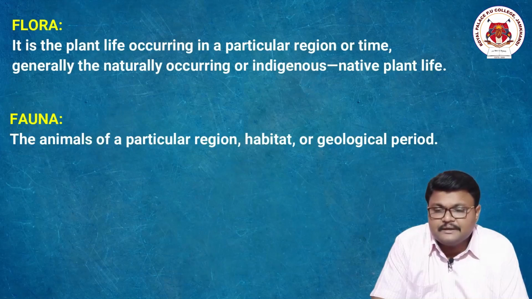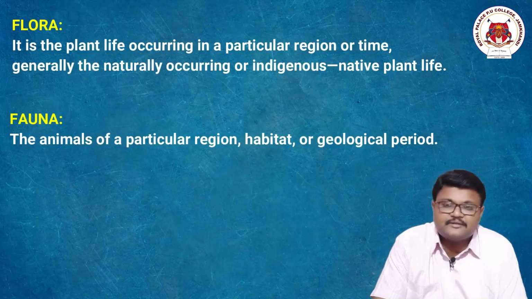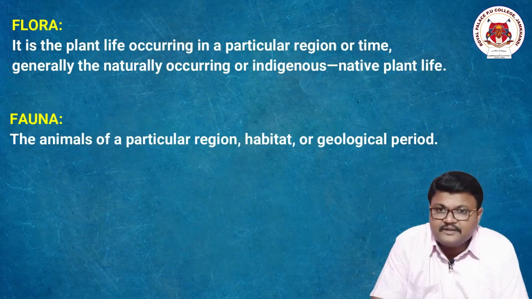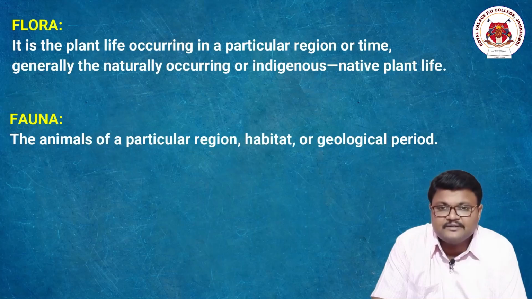When we take the word fauna, we understand the same phenomenon but with respect to animals. So the first basic thing is that plants should be there, with different varieties of plants and different structural contents of the plants. Likewise, the different animals which are dependent on these plants will arise in nature.